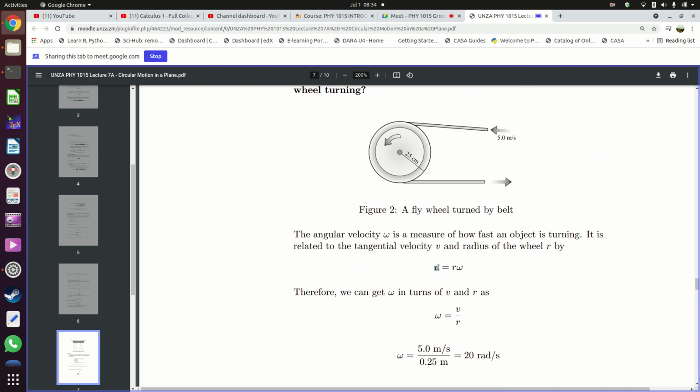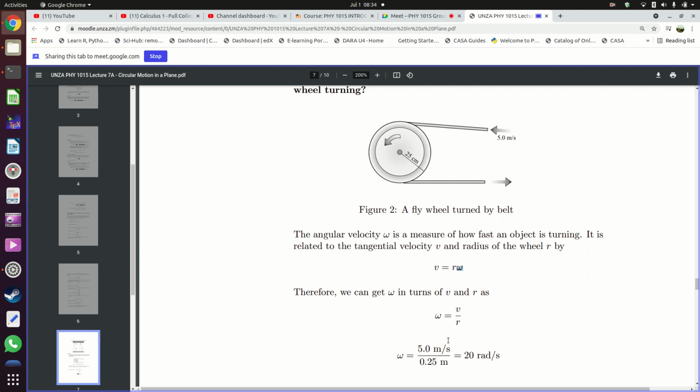We know V, the velocity in a straight line, is equal to the radius of whatever is turning multiplied by how fast the wheel is turning. The velocity we have, V, is 5 meters per second, and the radius is 25 centimeters, but this has to be changed into meters. Then we're looking for how fast the wheel is turning.